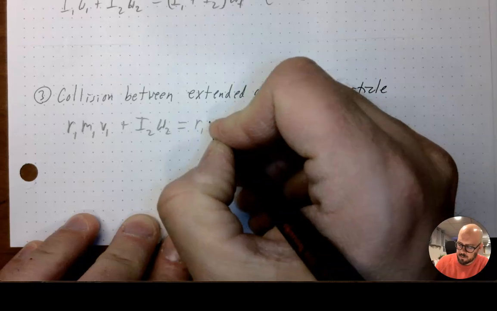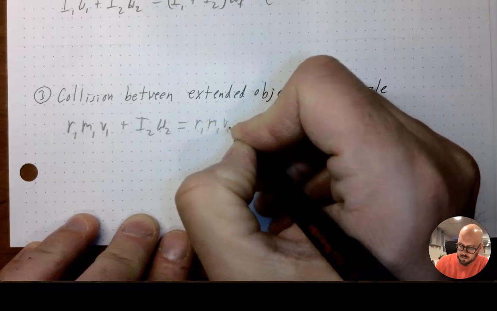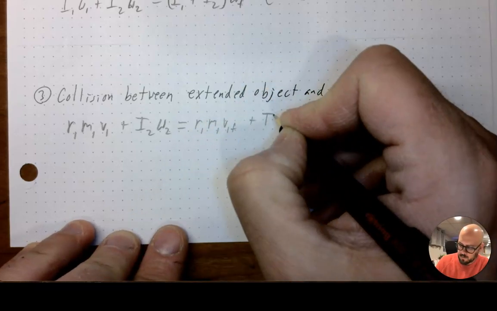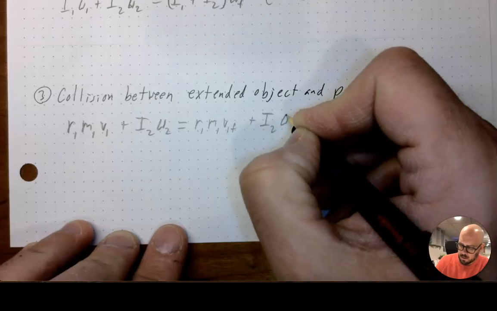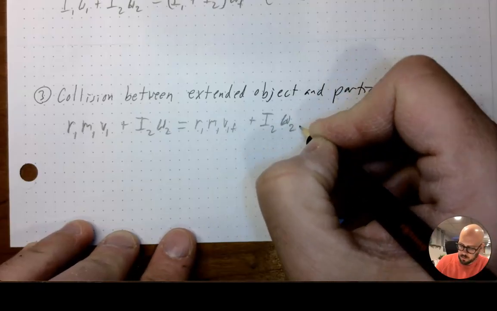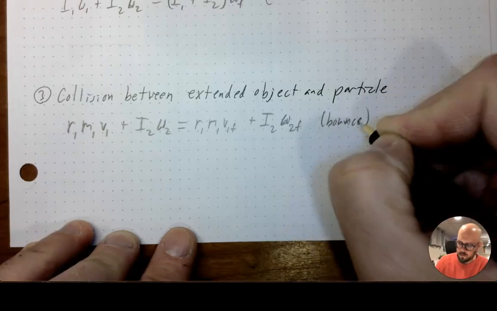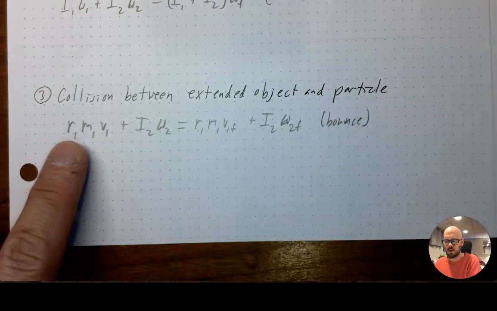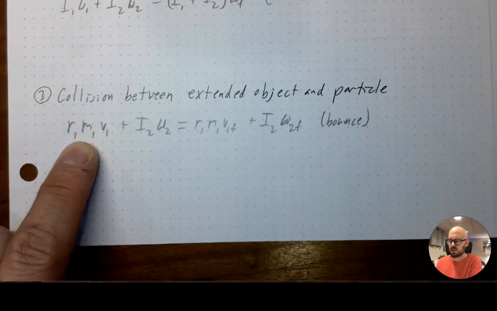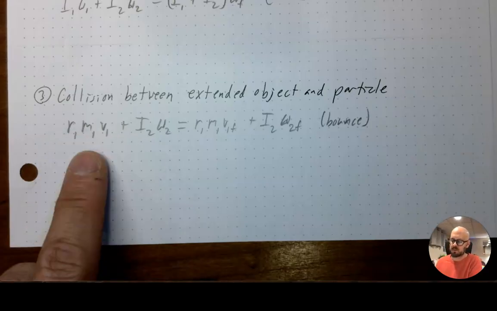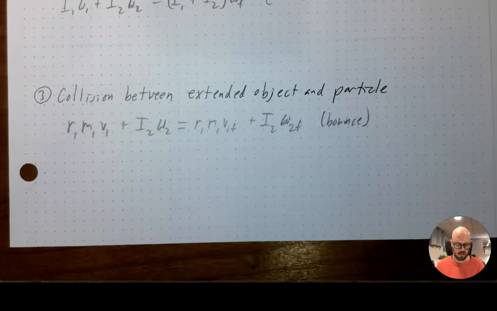So if they bounce, then we would have an equation like this. And one of the things that's difficult with this equation is remembering which variables are changing, right? So R and M tend to not change, I tends to not change, but those velocities will definitely change.